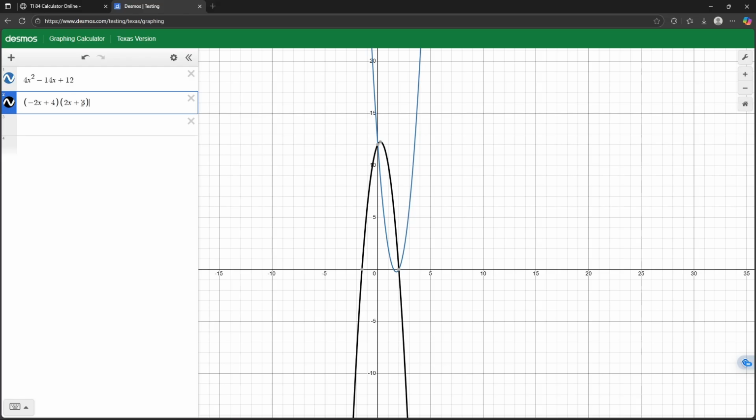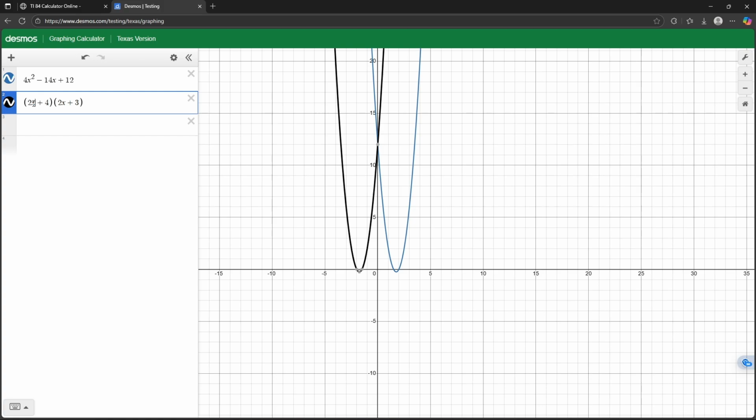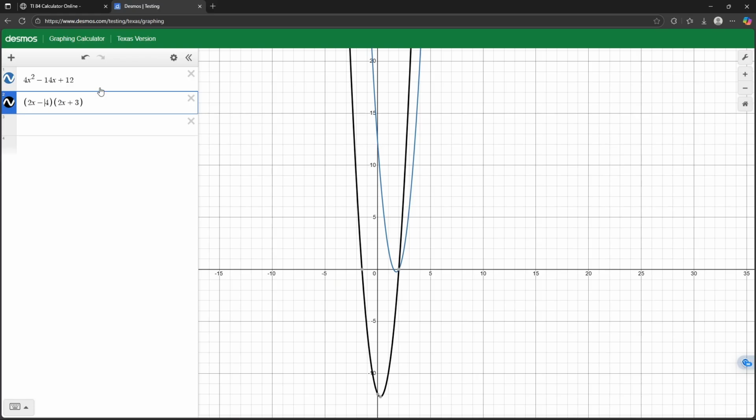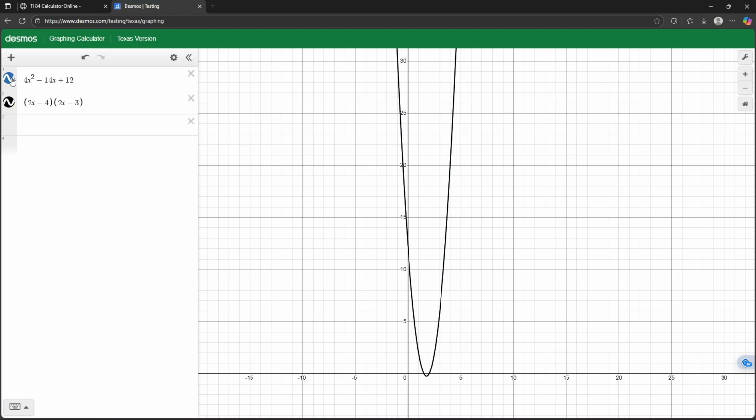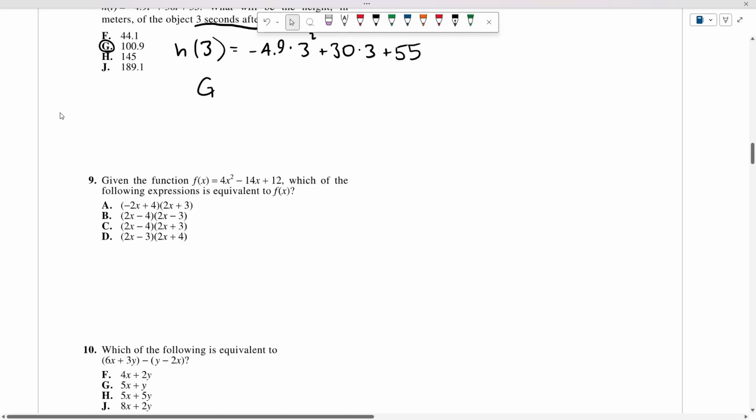Nope, that's not right. How about the next one? 2x minus 4, 2x minus 3. Oh, look at that. Those two are equal. Okay, that's how you know. And then you would stop there and you just circle B. Okay. If you were to try the other answer choices, they would obviously be different graphs.